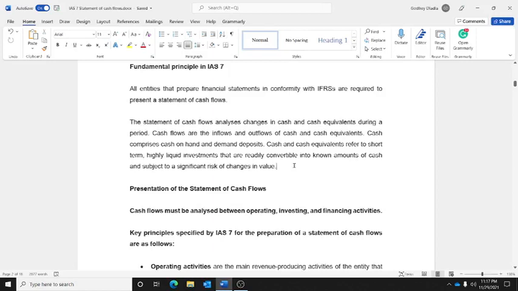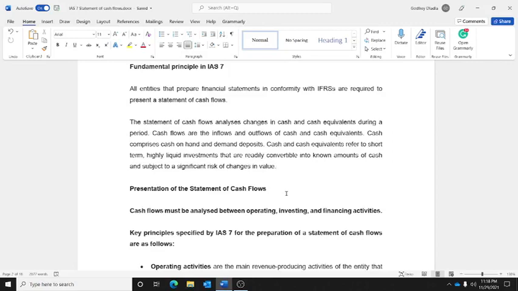So cash equivalents refers to short-term, highly liquid investments that are readily convertible into known amounts of cash and subject to an insignificant risk of changes in value. So we're looking at what is short-term. Usually short-term in accounting is something that is up to 1 year, meaning 12 months.